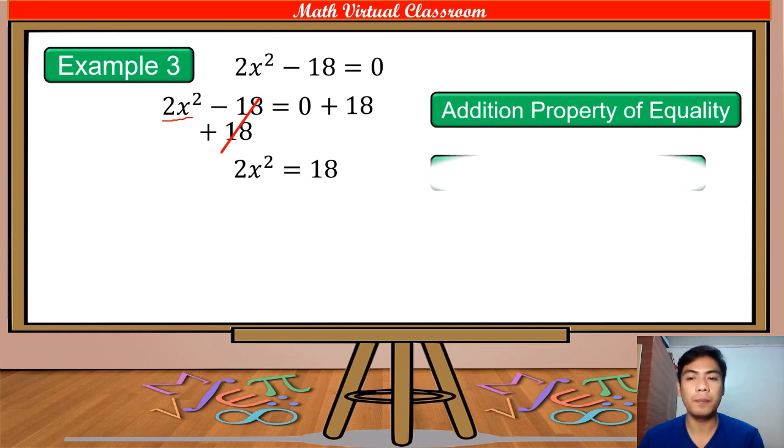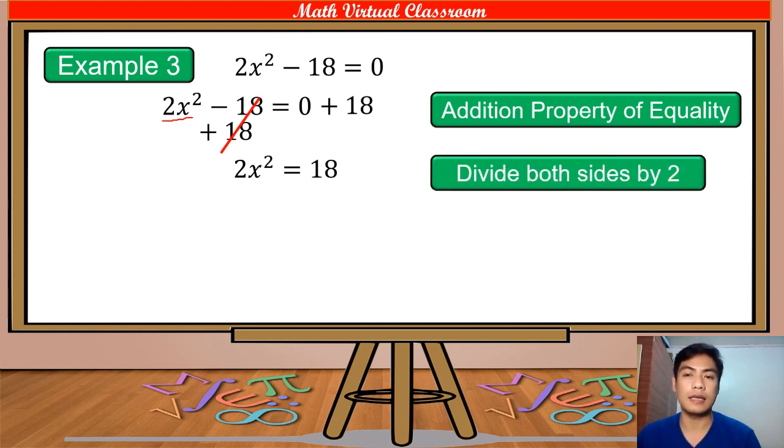The next step is to divide both sides by 2. So 2 divided by 2, a number divided by itself, is 1. So that would be x squared equals 18 divided by 2, which is 9. Therefore, x squared equals 9.